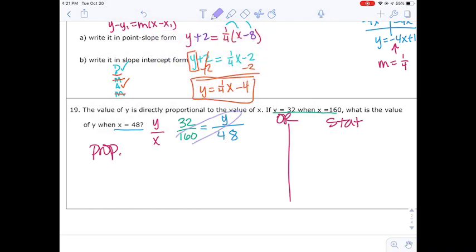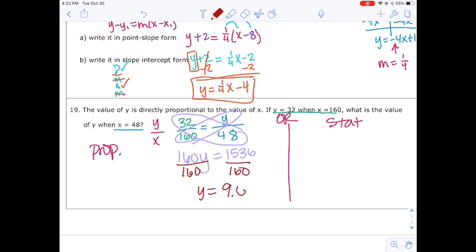So when I solve, I cross multiply. 160y equals 32 times 48, which is 1536. And then I divide both sides by 160, and y equals 9.6.